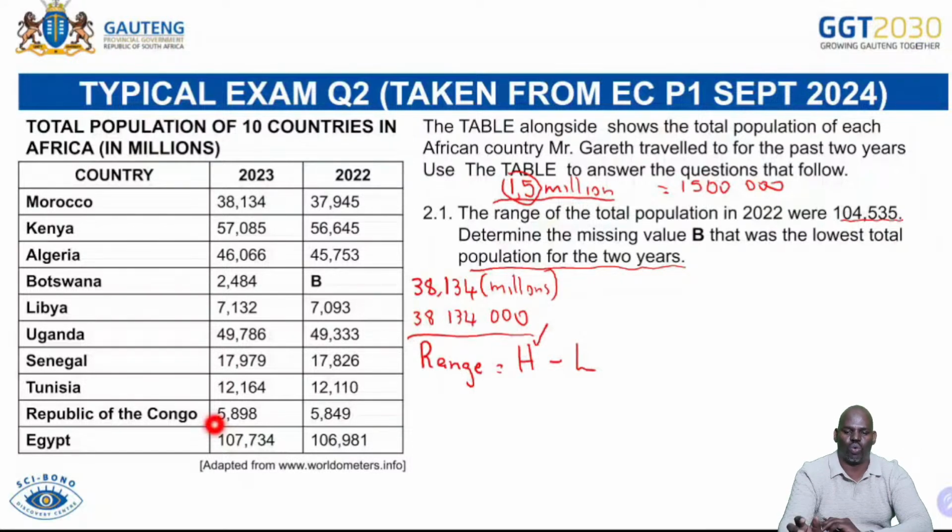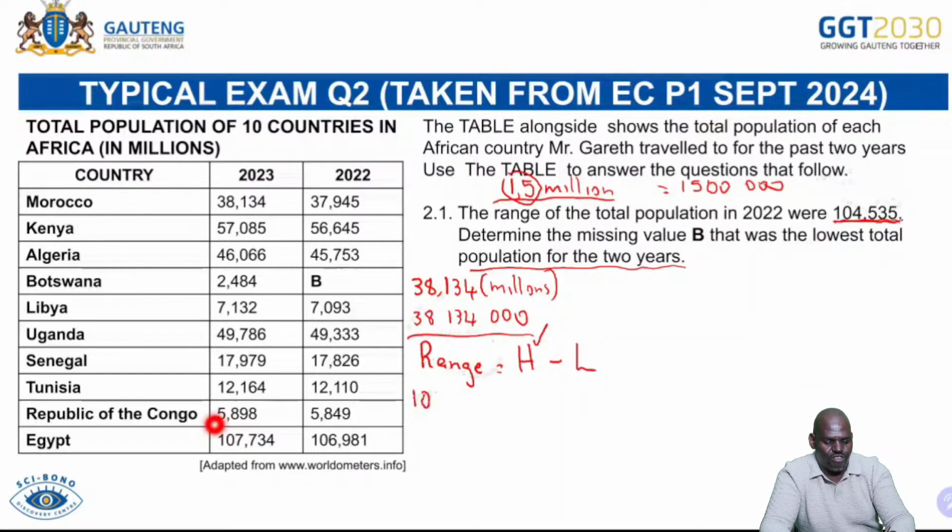But this one is a tricky one. What did the examiner do? The examiner gave us 104,535 and says that it's actually the value of the range. So when we do the substitution, we say 104,535 equals... Do we know the highest value? Let us look at the information.